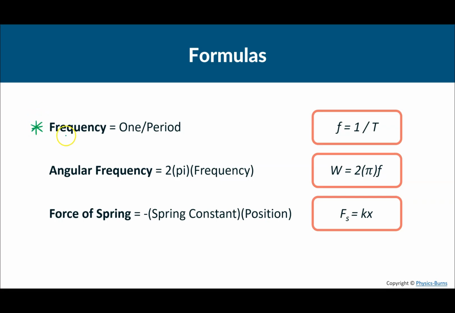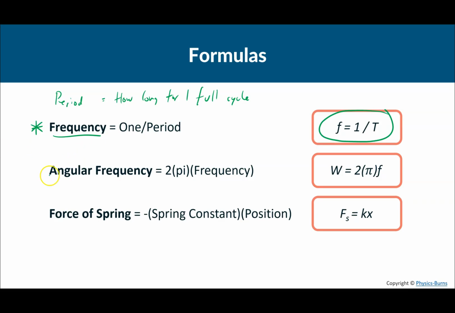We kind of already did the period formula, so we learned that period is how long it takes to make one cycle, right? How long for one full cycle. And frequency is just the inverse of that: how many times it oscillates in 1 second.